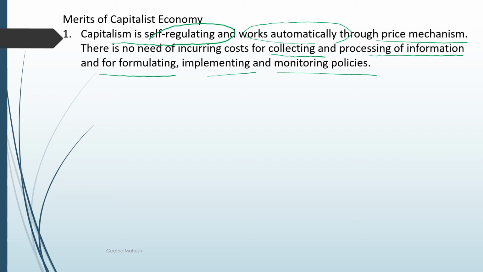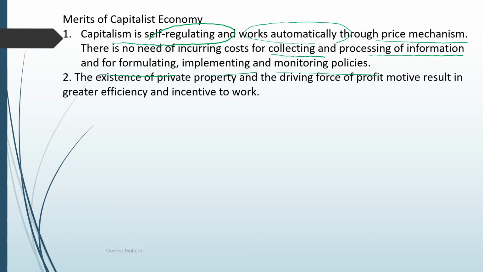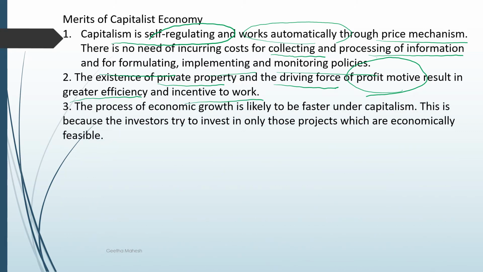So, capitalism is self-regulated and works automatically with the help of price mechanism. The existence of private property and the driving force of profit maximization results in a great efficiency and incentives to work.